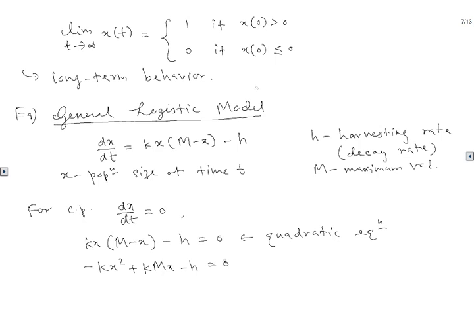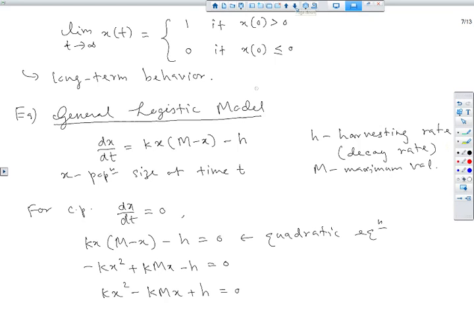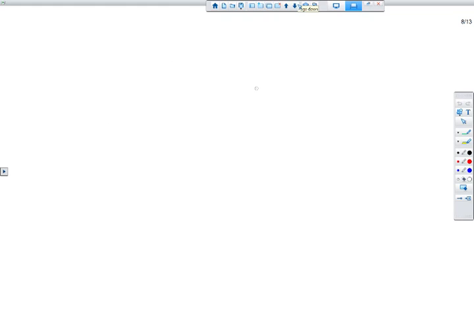If you remove the negative sign, you end up getting kx squared minus kmx plus h equals 0. Now we can use the quadratic formula to solve this: x equals negative b plus or minus the square root of b squared minus 4ac, over 2a.